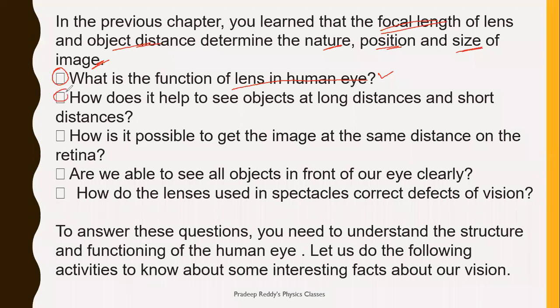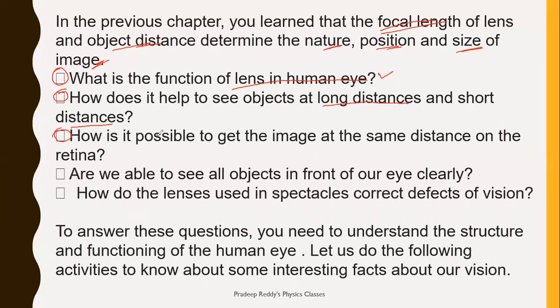When you are seeing objects at different positions, sometimes it may be closer to your eye, sometimes farther from your eye. How is the eye lens used in viewing these long distance objects and short distance objects? That we will be learning.